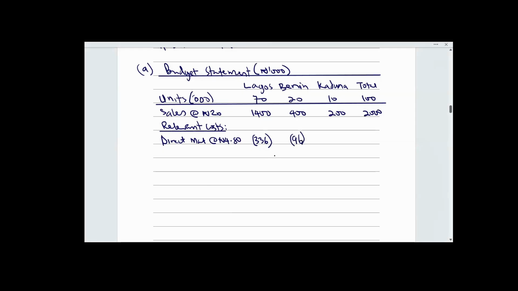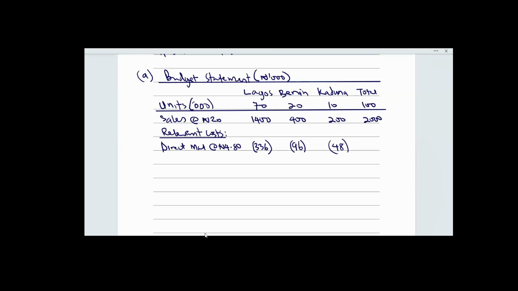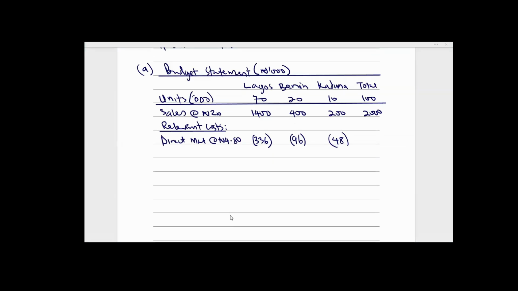So put it in brackets. 4.8 multiplied by 10 will give us 48. 4.8 multiplied by 100 is 480. So we are done with direct material. In the question, we are also given direct wages.